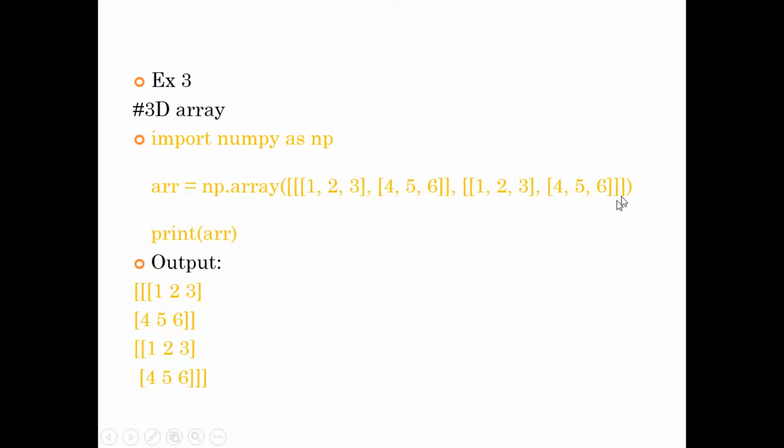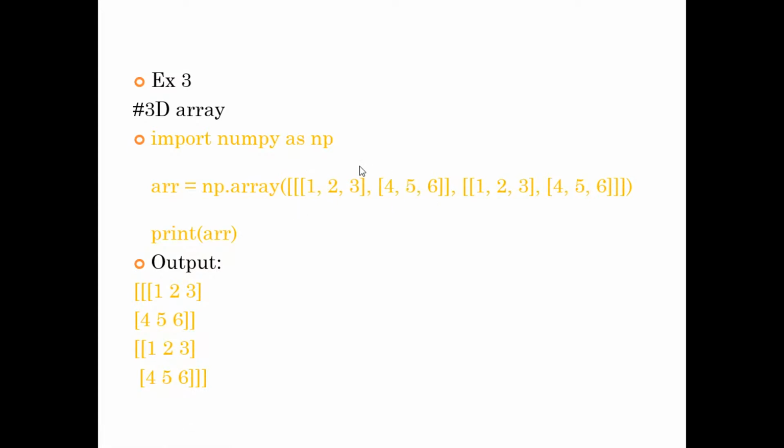Next, this second bracket started. Where is it closing? Here it is closing. Next, how about this one closing? Here itself. Comma, one more closing here. That means this bracket is having two of them. Two sets of groups it is having.